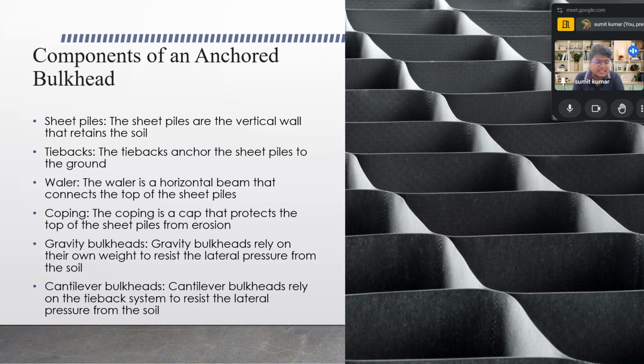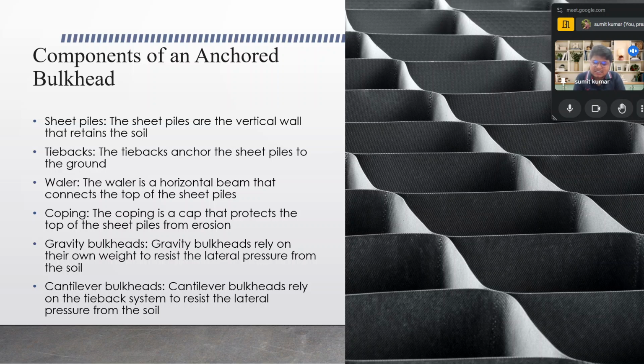There will be some leakage, and if it is sustaining a water body, the water will flow into that section, so that is of no use. That's why the horizontal beam is used to connect the tops of the sheet piles to provide a strong connection between them. The next one is the coping. Coping is a cap that protects the top of the sheet pile wall from erosion.